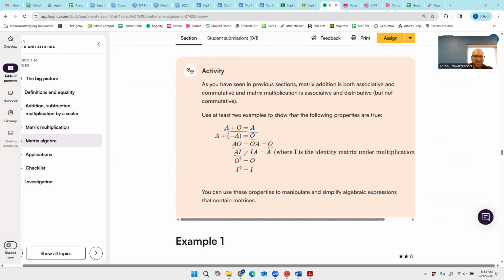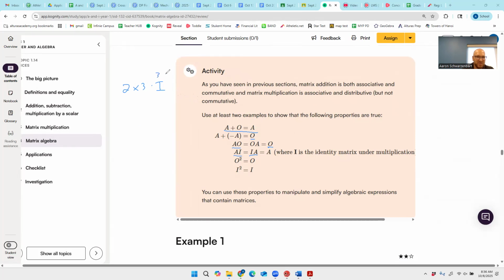Multiplying by the identity matrix, you can do these in either order because they're both square. You can't multiply a 2 by 3, but I guess can you multiply a 2 by 3? The identity matrix does have to be square.